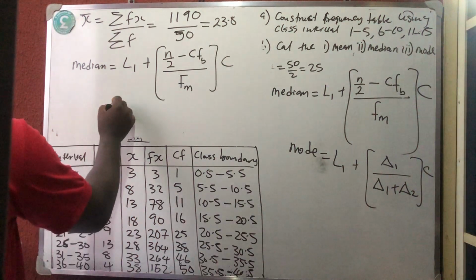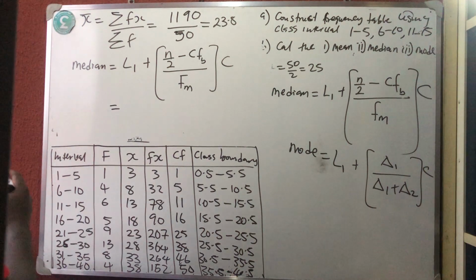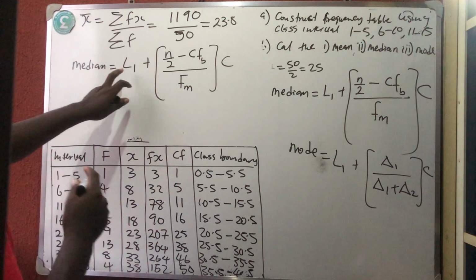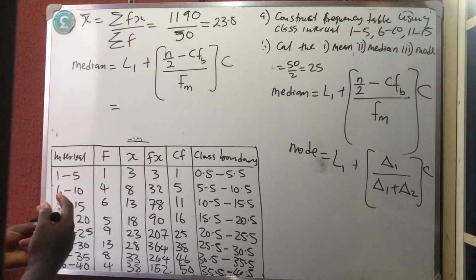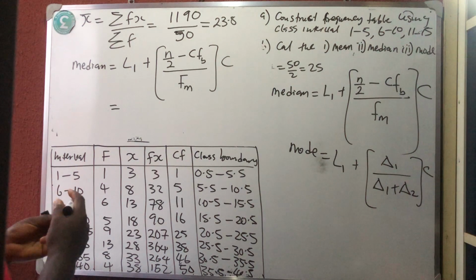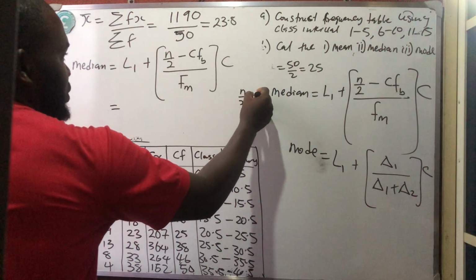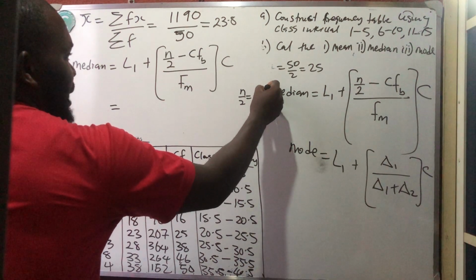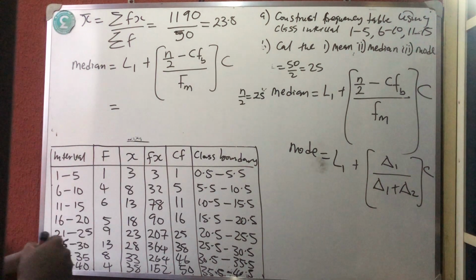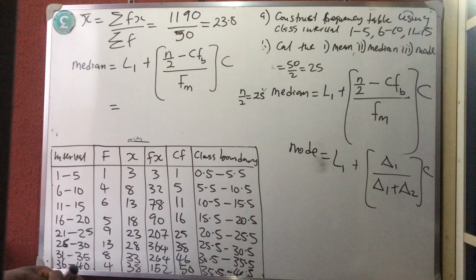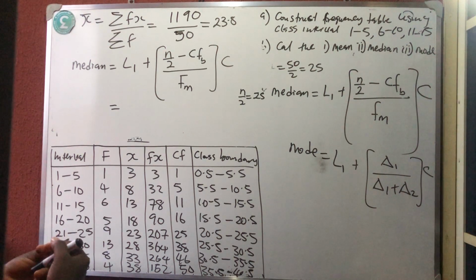The interval. So the lower class now is 20.5. How did I get 20.5? This one means lower class boundary, and the lower class boundary is gotten from where the median will fall. Since n divided by 2 is 25, the median is going to fall at the 25th of the cumulative frequency.